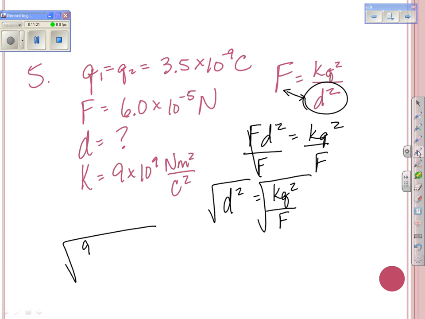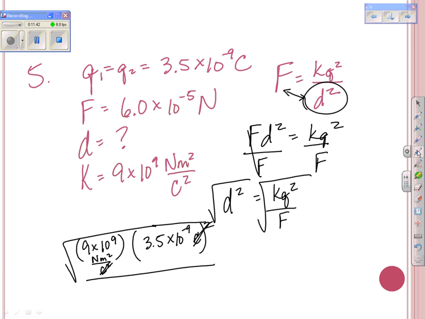K is 9 times 10 to the ninth, and that was Newton meters squared over coulombs squared. I'm going to multiply that by 3.5 times 10 to the negative ninth coulombs squared. So that's going to allow me to cancel out this coulomb squared. And then I'm going to divide by my force, which is 6 times 10 to the negative fifth newtons. Newtons will cancel out.